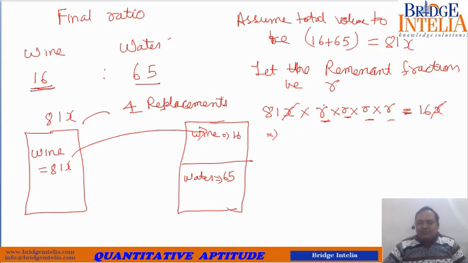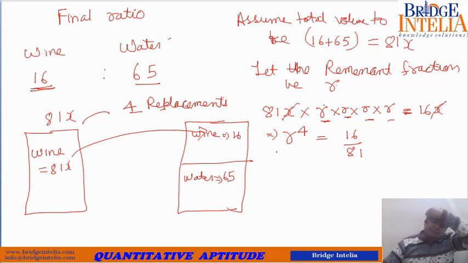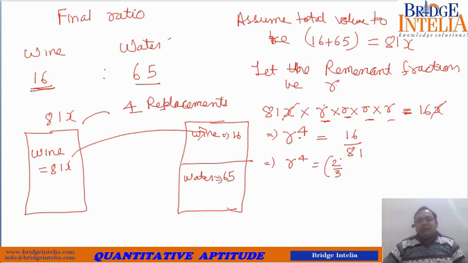If you see carefully, R to the power 4 is equal to 16 by 81. 4 replacements, that's why R to the power 4. So R to the power 4 is equal to (2 by 3) to the power 4, because 16 is 2 to the power 4, 81 is 3 to the power 4. So from here you can see that R is equal to 2 by 3.